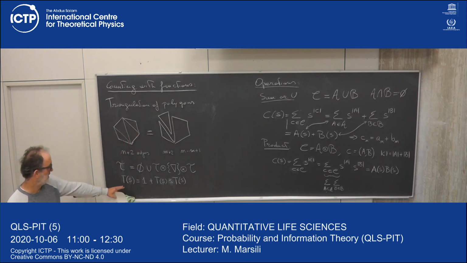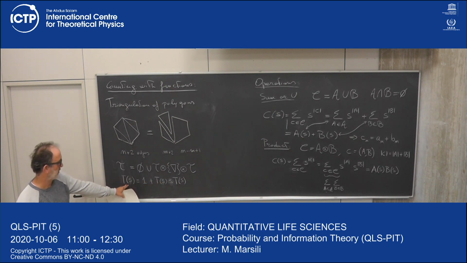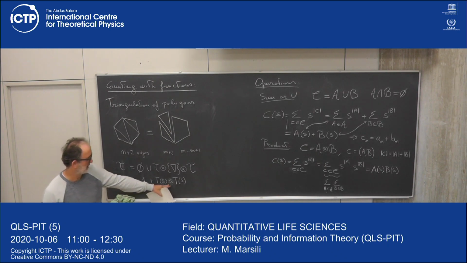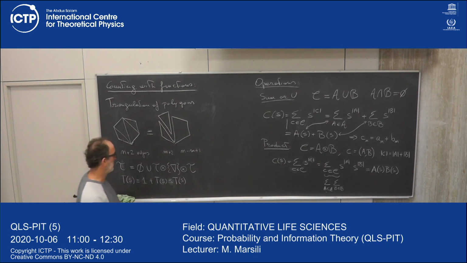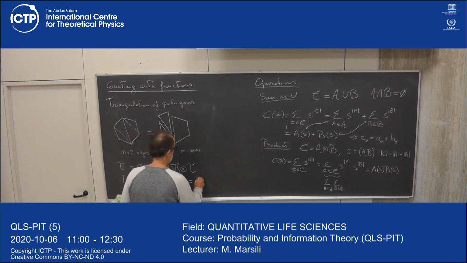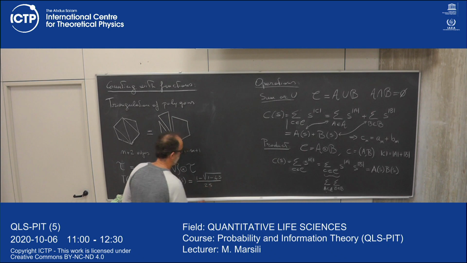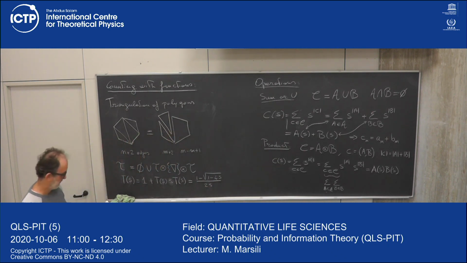Okay, so you see that here you get a quadratic equation for T, which you can solve, and if you solve this quadratic equation, you get 1 minus the square root of 1 minus 4s, divided by 2s. Okay?